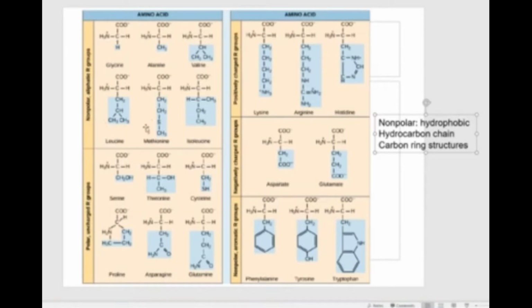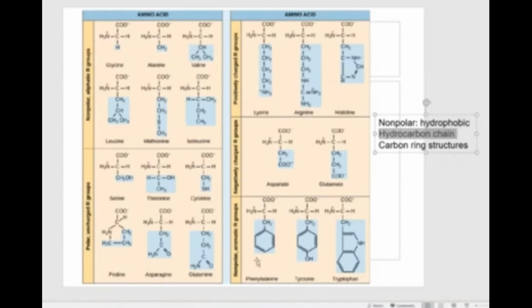It's going to make the molecules very nonpolar. Okay, and that's almost equivalent to hydrophobic, right? So these functional groups are very hydrophobic, meaning they fear water. They do not like water. They don't want to mix with water. So these amino acids do not dissolve very easily in water, so they're nonpolar.